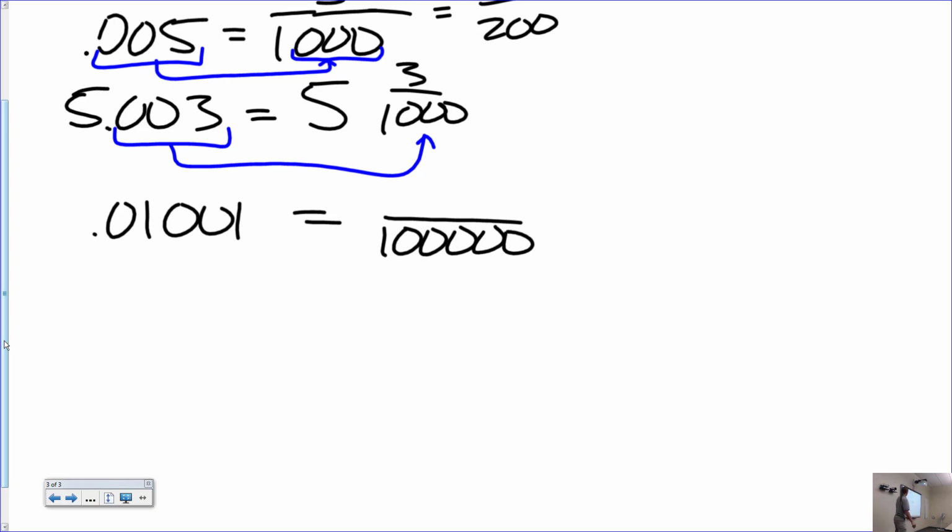Okay? And then theoretically, all you have to do is write the number here without the decimal point. So what is this number if you were to erase the decimal point? 1001. Yeah. So that always works. Okay? That is a handy, simple, straightforward technique. Okay? Use it to your advantage.